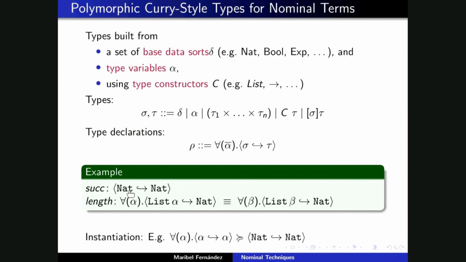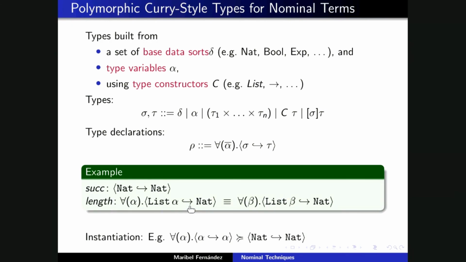This length, for example, we can say it's a term constructor that will work on lists, and given a term of type list alpha, it will produce a nat, and this one is polymorphic, so it will work with any term of type list for any alpha. Okay, so here is where we see in the declarations that we have a polymorphic language, and I'm not using a nominal syntax for this.